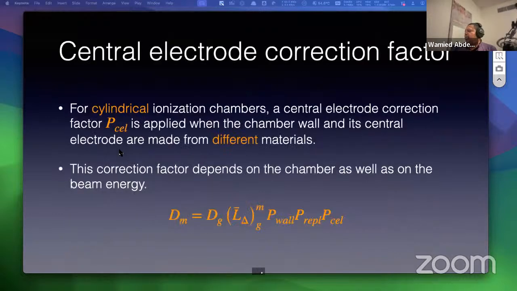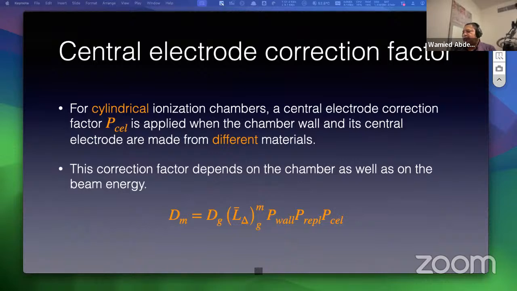There is also another perturbation factor. This is specifically for cylindrical ionization chambers. In the cylindrical ionization chamber, we have an external wall, usually made out of graphite, and then we have a central electrode, a needle-like electrode inside the chamber. This correction factor is needed when the materials of the central electrode and the wall are not the same.